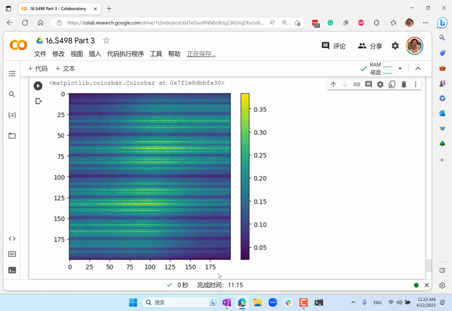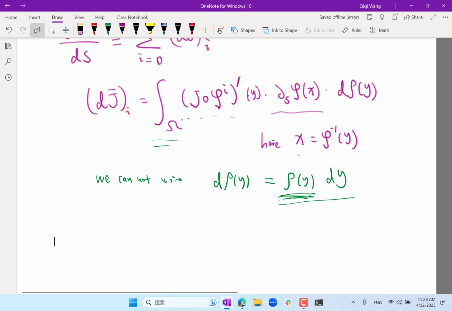Over which dimension can we do integration by parts? When we do integration by parts, we have to move the derivative onto the other part which contains this rho, right? So that requires the rho to be smooth, right?